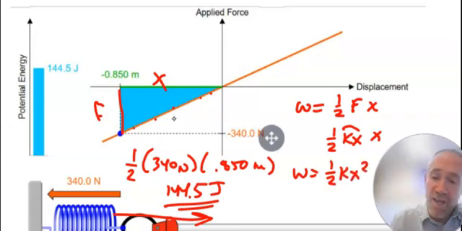Now, that value can appear either positive or negative. If you said to me, how much work did the spring do? Well, remember, the spring resisted this, so I'd say that the spring did negative 1/2 kx squared. How much work did the robot arm do? That's going to be a positive 1/2 kx squared. And how much energy is stored in the spring?